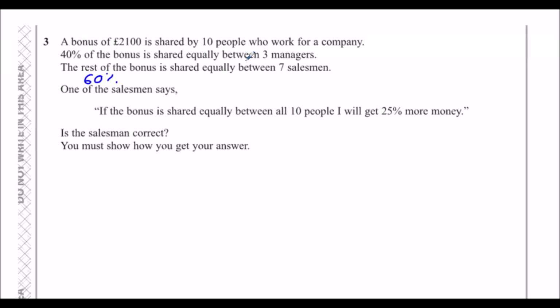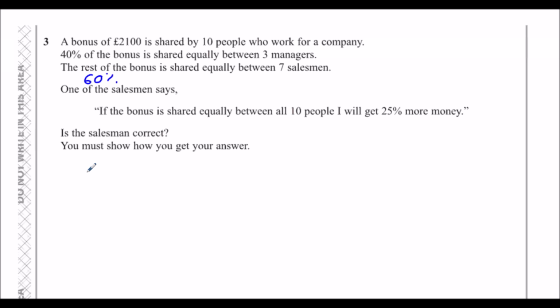So we need to work out how much the salesman gets at the moment, and then how much you'd get if all 10 people shared equally. At the moment, 60% of 2,100.